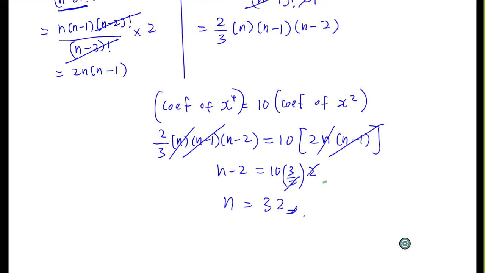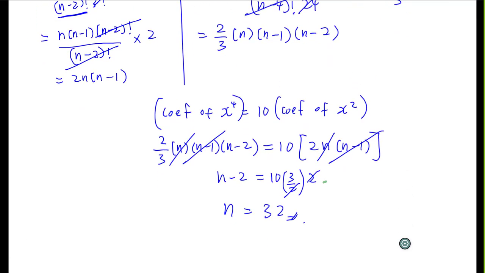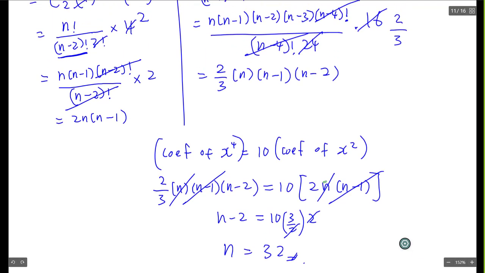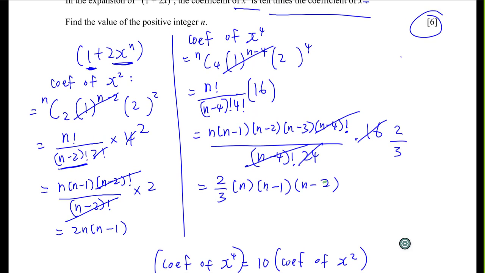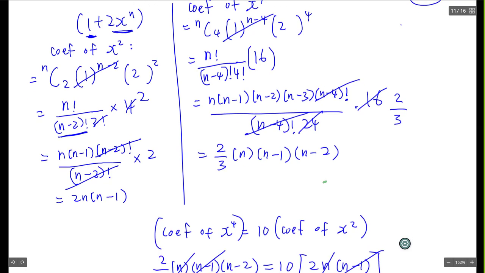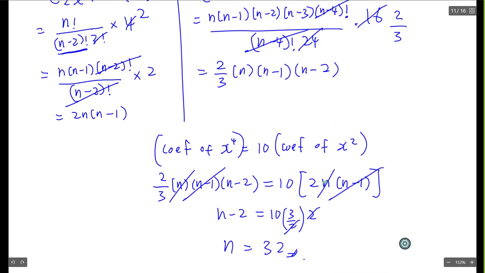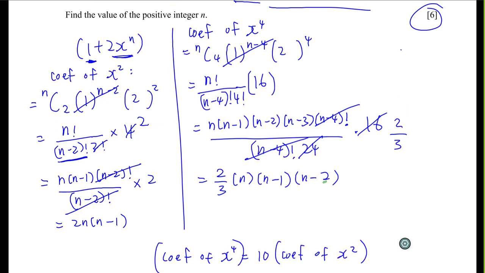Did I miss out anything? 2 over 3, n minus 2. I'm trying to look for my mistake here, which I couldn't find. This is a problem.